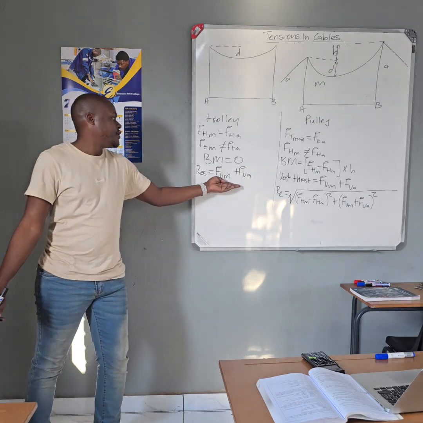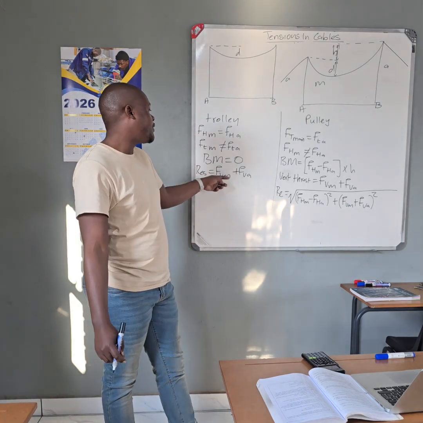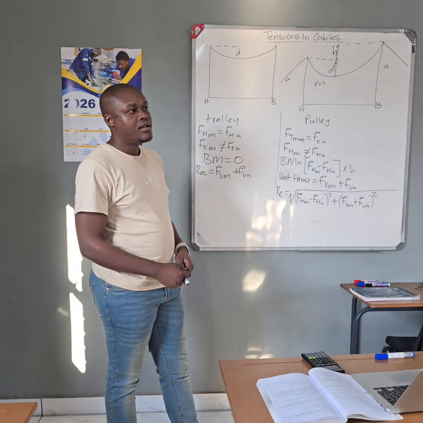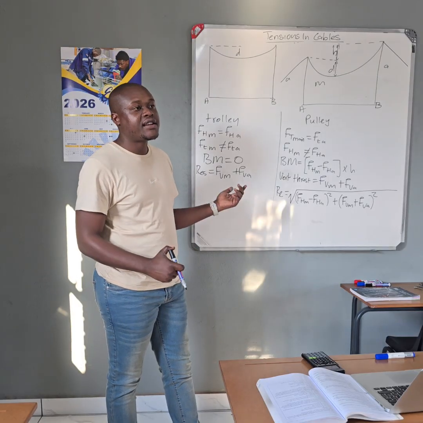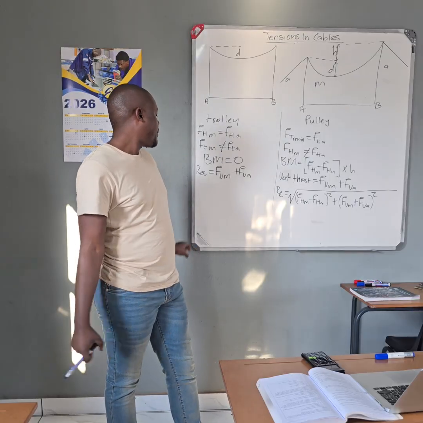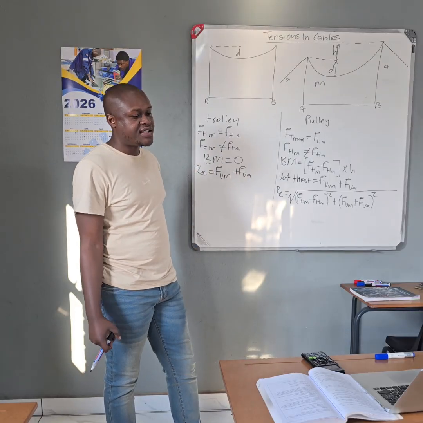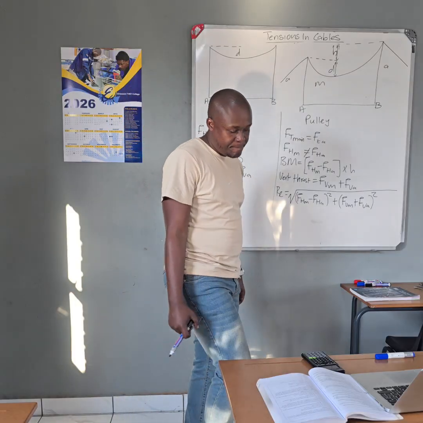So if it's like this, meaning that it is also your vertical thrust. So if they say calculate the reaction on support B, you will use this. This is going to be the reaction on support B.